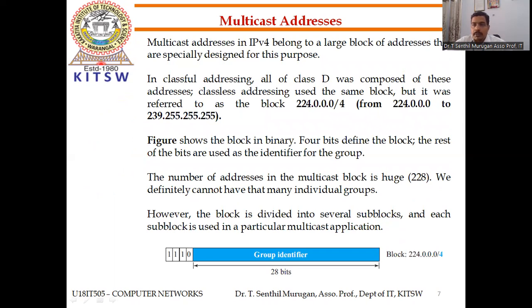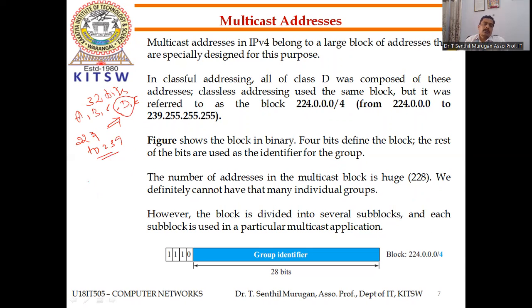See this presentation: how does the multicast address work? In IPv4, we know that addresses are 32 bits. In these 32 bits, we have the classifications A, B, C, D, E. Out of these five classful addresses, class D is specially designed for multicast addresses. The range of these addresses is 224 to 239.